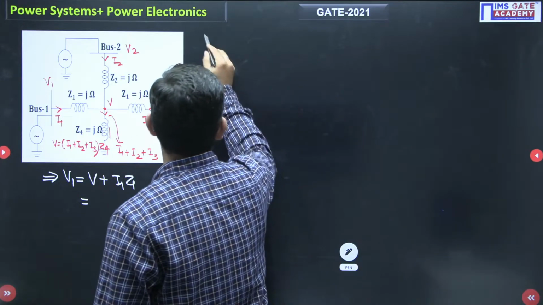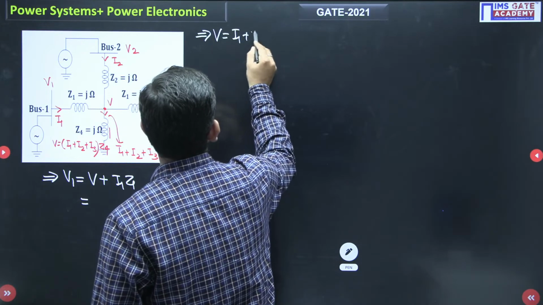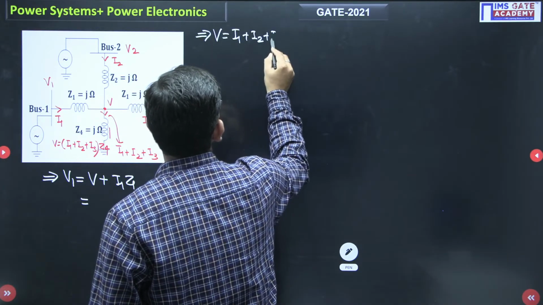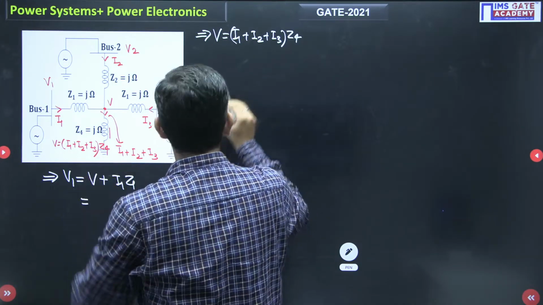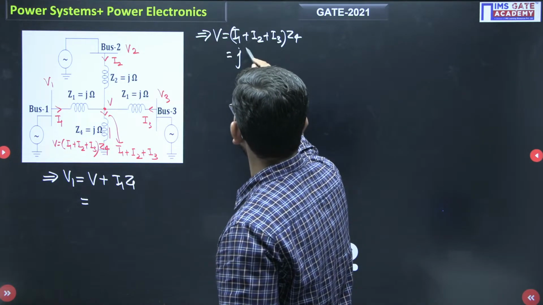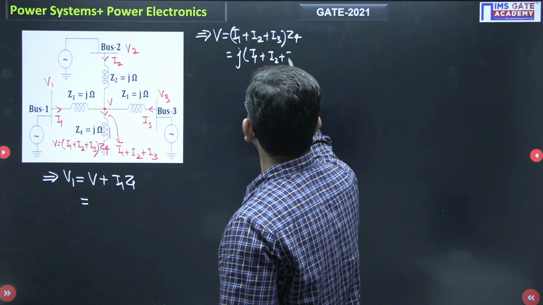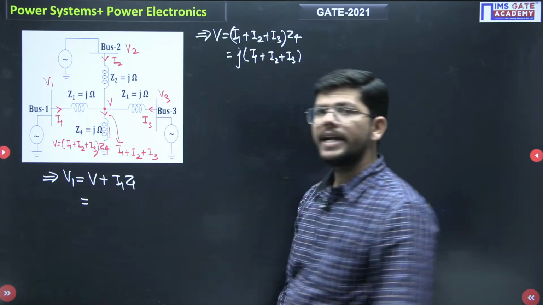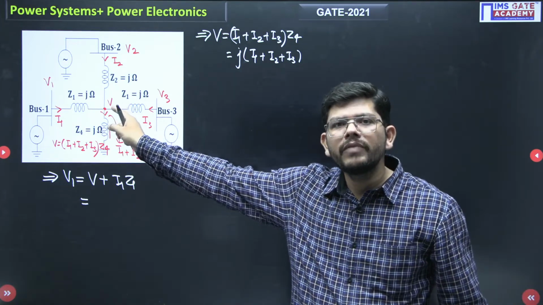Let me write it here. And what is the value of Z4? It is J. So you will get J times I1 plus I2 plus I3. Fine. So this is how we can find the voltage of this node, which is V.